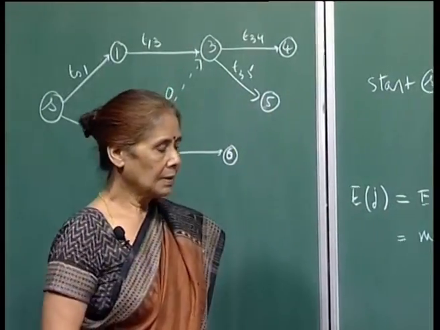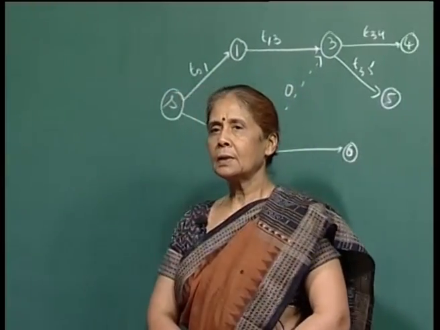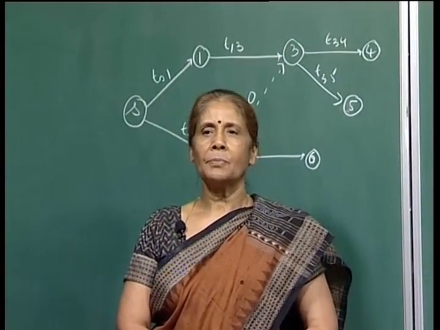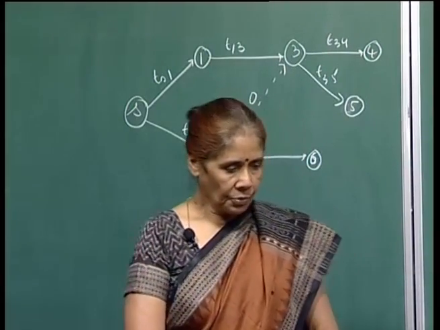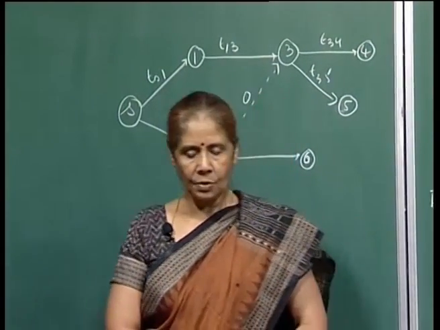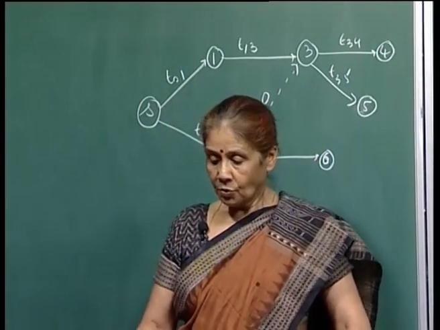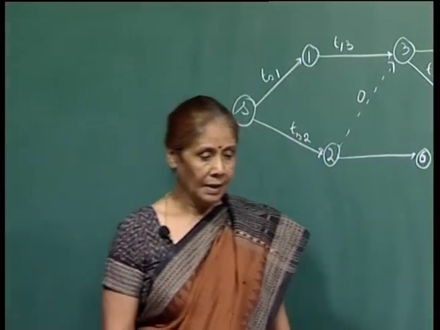So, let me now talk to you about the topics PERT and CPM. These are called critical path method and program evaluation review technique. These problems arise in project management. You have huge projects, for example, at some point it was sending a man to the moon.